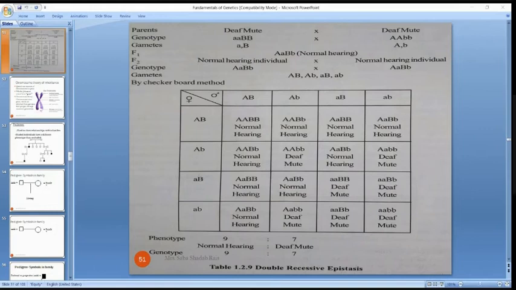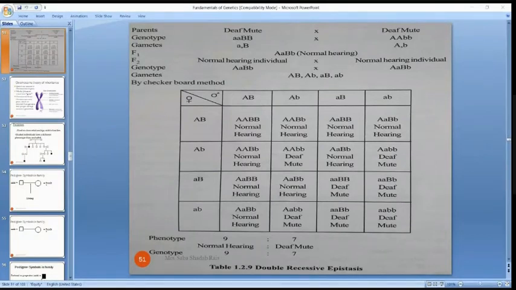There is only an epistatic relationship or epistatic interaction. So if both dominant genes are present, only then will the dominant trait be observed. Even if a single dominant gene is lacking, as you can see in this case, capital A, small a is present, but capital B is not there, so the person will be deaf and mute.